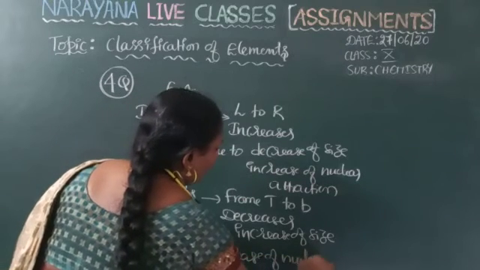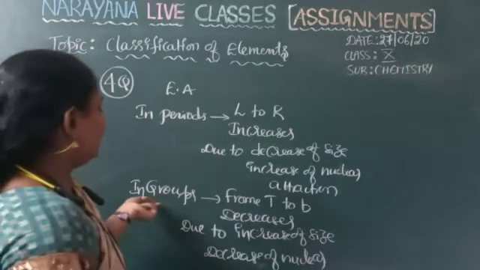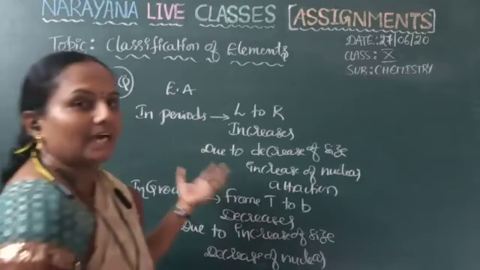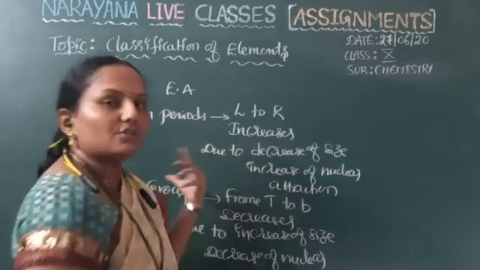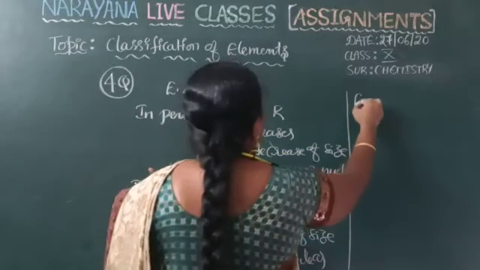With less nuclear attraction, there is less chance to accommodate an electron.